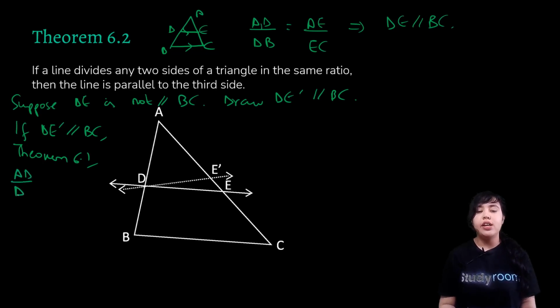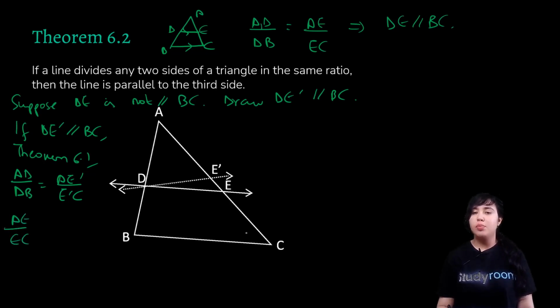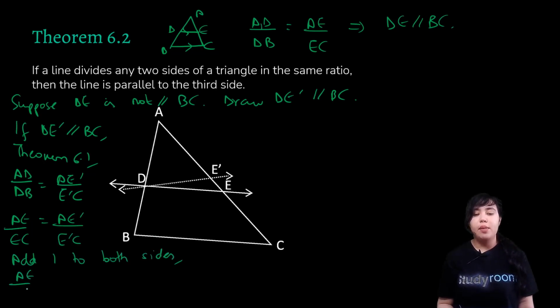We can say that AD upon DB is equal to AE dash upon E dash C. But what we are interested in here is AE upon EC, and that will also turn out to be the same as AE dash upon E dash C. Now what you can do is add 1 to both sides. If you add 1 to both sides, you will get AE upon EC plus 1 equal to AE dash upon E dash C plus 1.